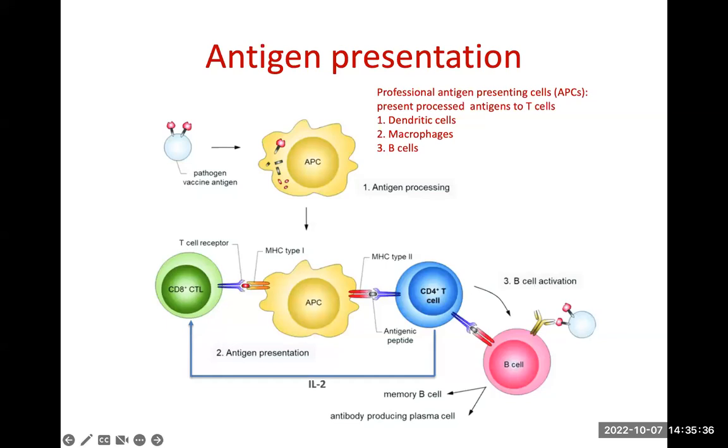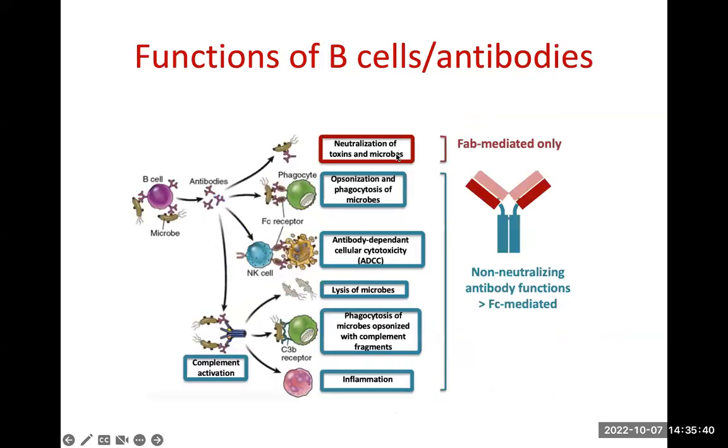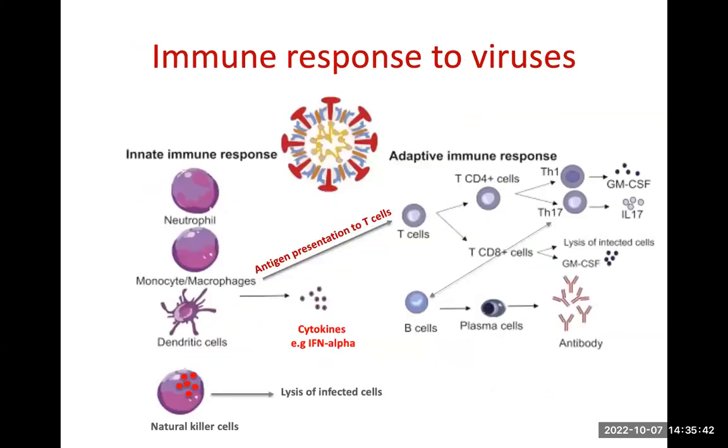Okay. Then what is TH1 and TH17? I didn't want to go deep into that, but I'm glad you have noticed it, Mohammed. So amongst T cells, we usually have CD8 T cells and CD4 T cells.